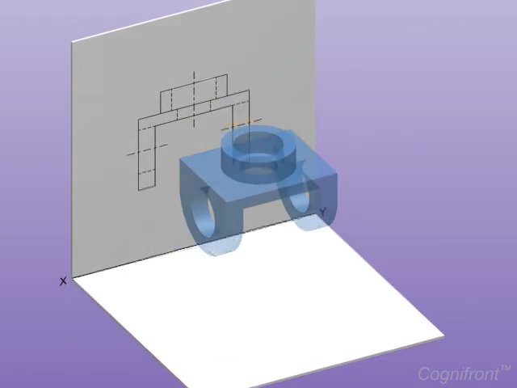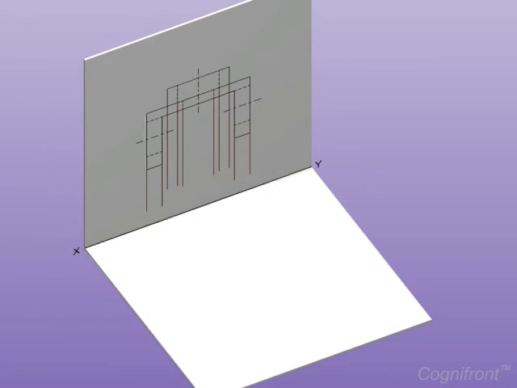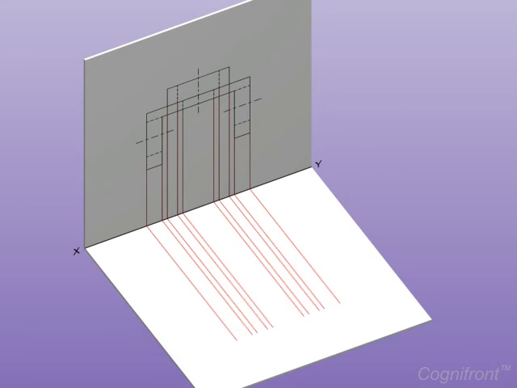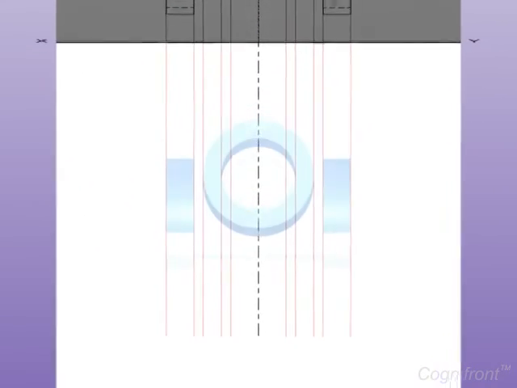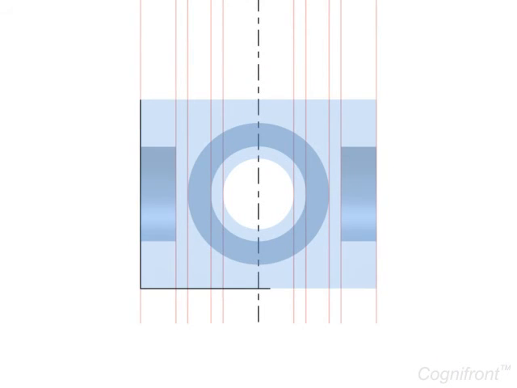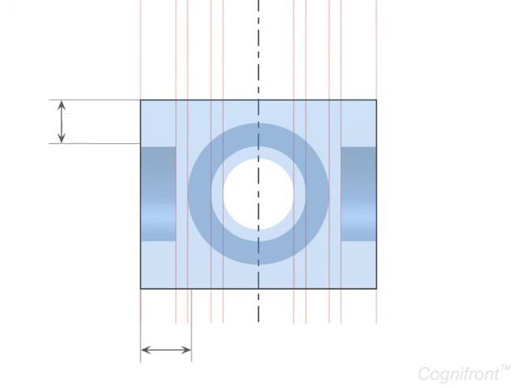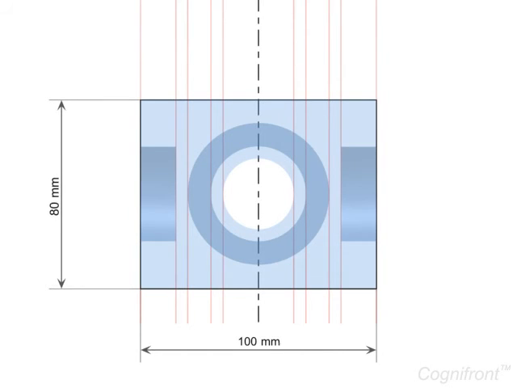Now to construct the top view, project all details from the front view below reference line XY. Draw a vertical center line from the center of the rectangular slot. The top view of the rectangular slot appears as a rectangle of size 100 mm by 80 mm.